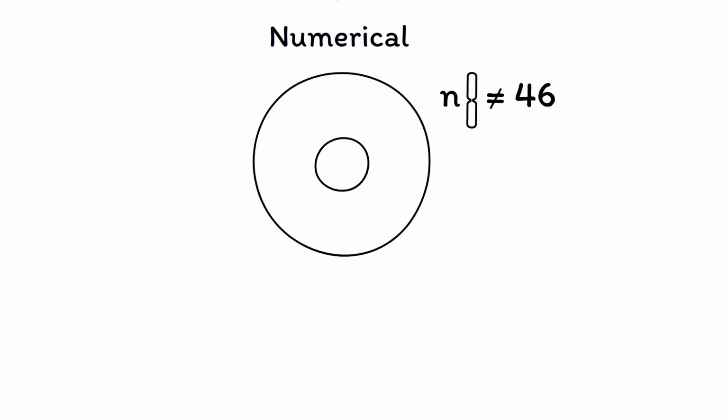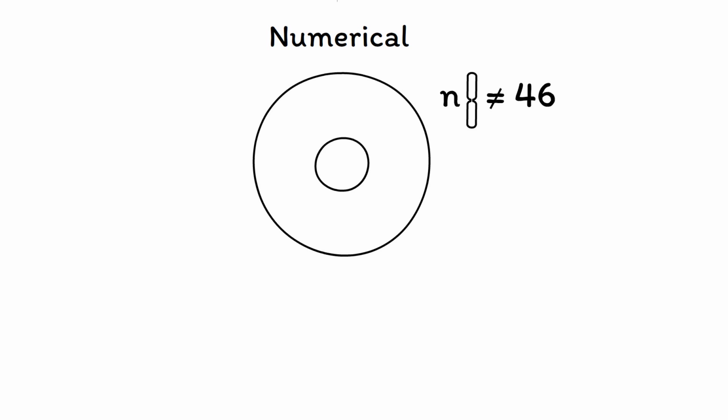Chromosomal abnormalities can roughly be divided in 2 types: numerical and structural abnormalities. When a numerical chromosomal abnormality occurs, the number of chromosomes in somatic cells is not 46.